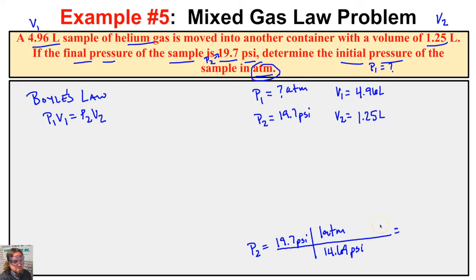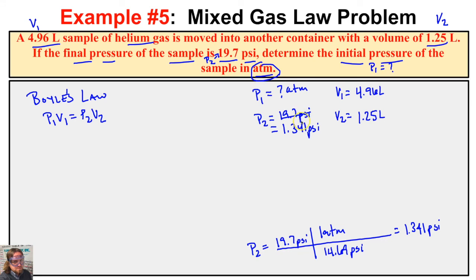So we'll put this in our calculator. We'll take 19.7 divided by 14.69, and we're going to end up with 1.34 approximately, 1.341.